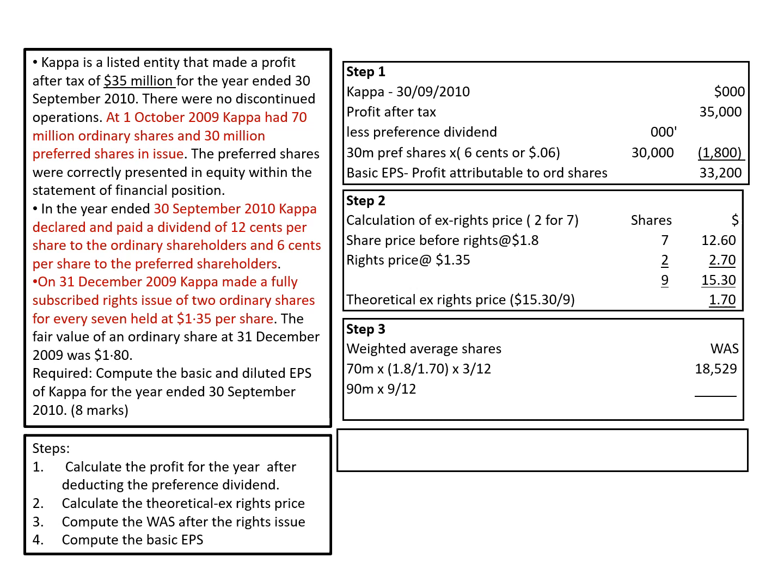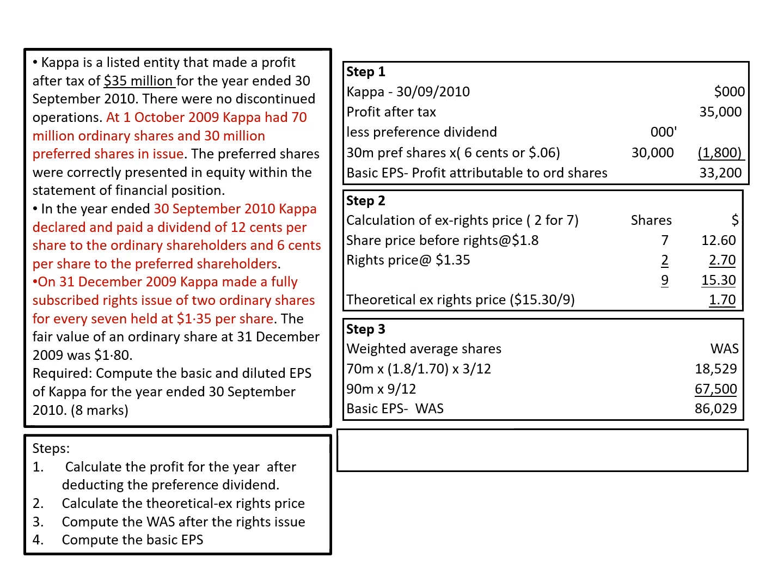Then we take the total number of shares after the rights issue, which is 90 million, apportioned for time again, and that gives us 67,500,000.